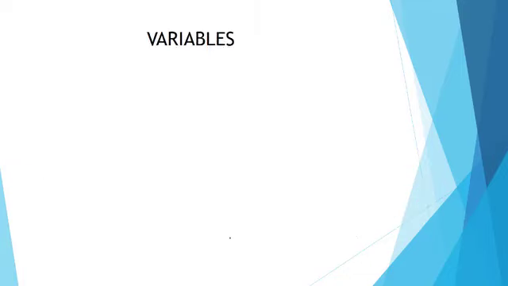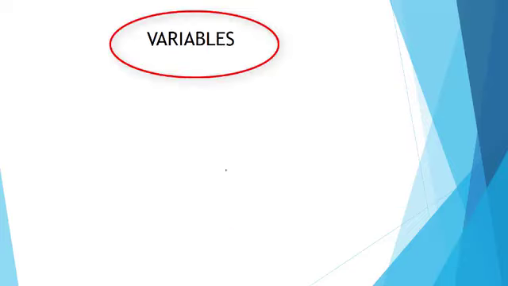So I would like us to finally take a look at variables. Mathematically, we have variables and we also have constants. What's the difference between a variable and a constant?